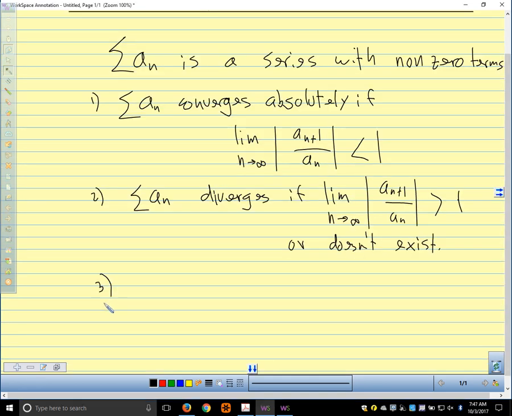And 3, we have no conclusion if the limit equals 1. 0 is less than 1, so that's good. No conclusion if it equals 1. So if we get no conclusion, that tells us you have to try something else.